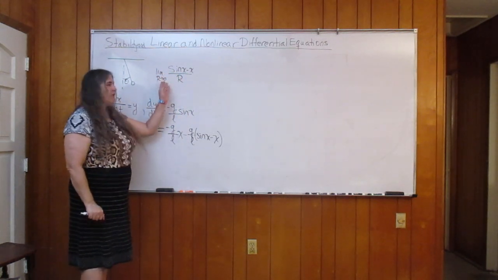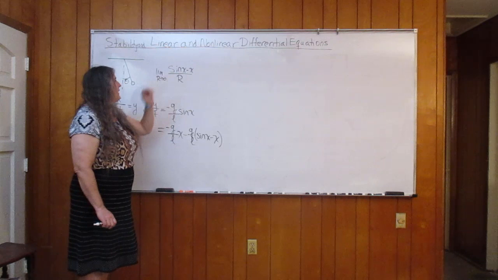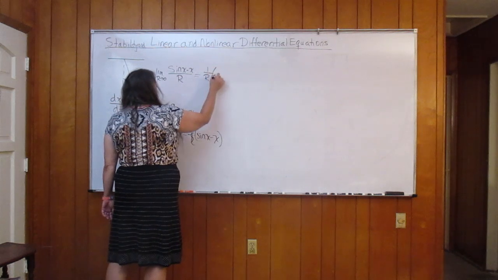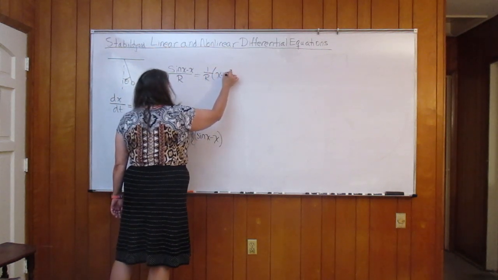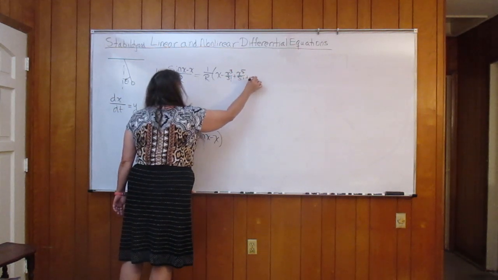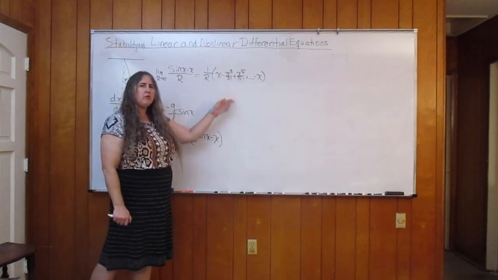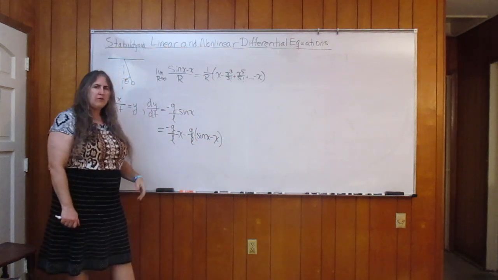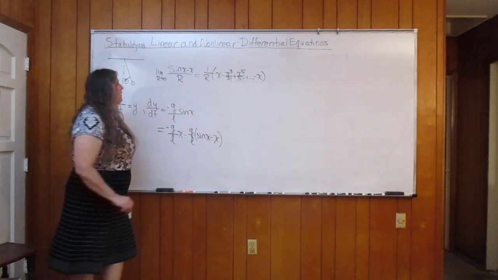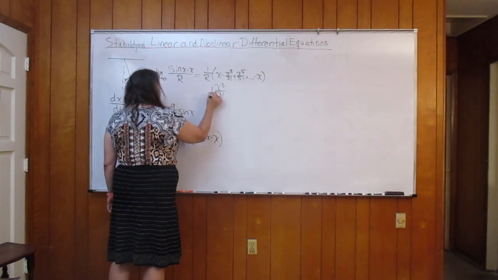I need to show that if I take the limit as r goes to 0, this term (sine x minus x) over r is going to go to 0. If I expand sine x out, then we'll get x minus x cubed over 3 factorial plus x to the 5th over 5 factorial, and so on. Those x's will cancel out, and you'll be left with basically the term x cubed over 3 factorial, over r.